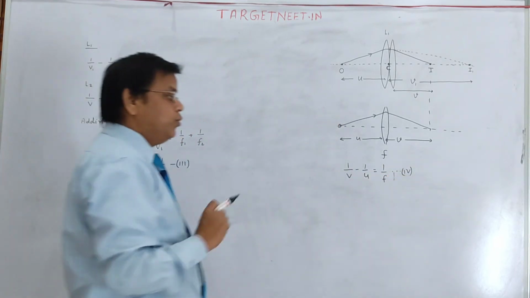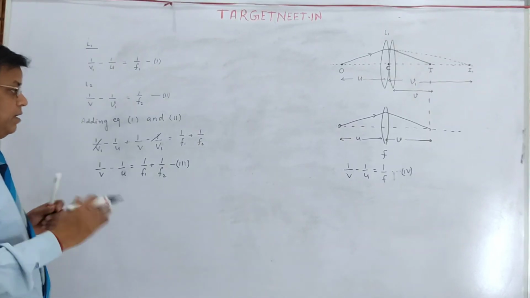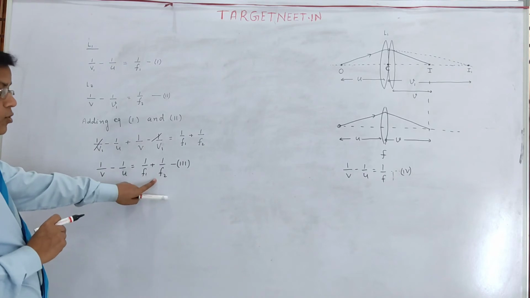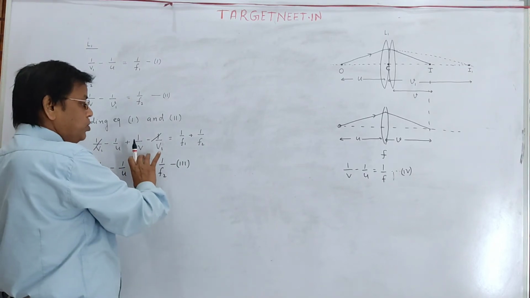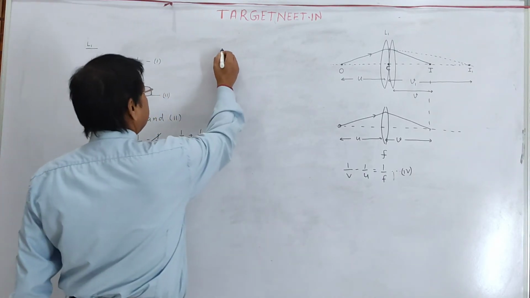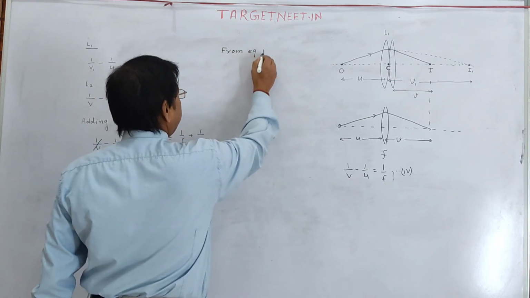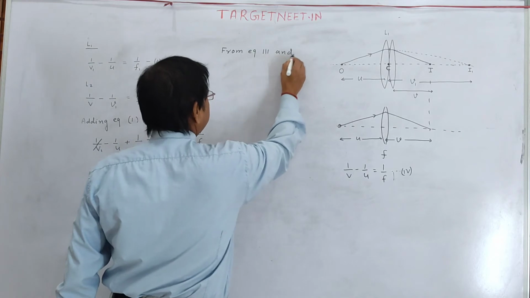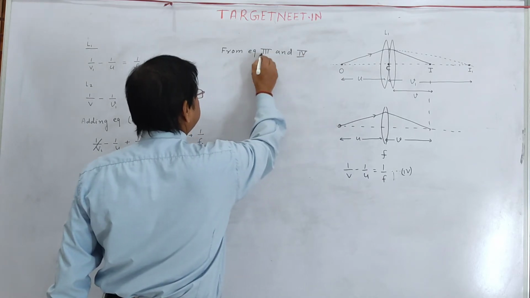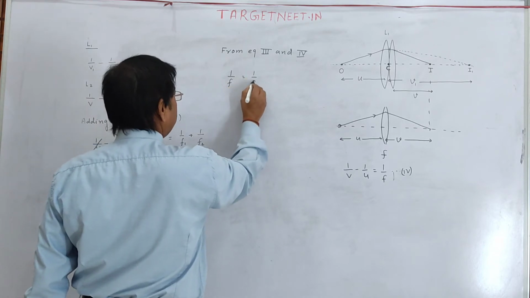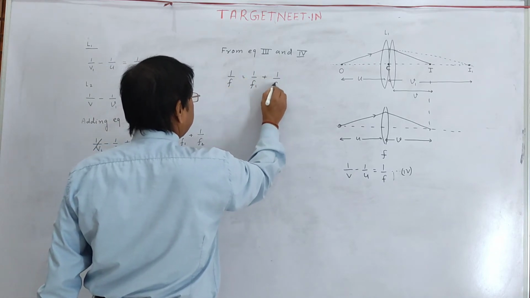Now from equation 4 and equation 3, if I compare, left hand side, both are same. So right hand side should be same. So comparing equations 3 and 4, we can write 1 upon F equal to 1 upon F1 plus 1 upon F2.